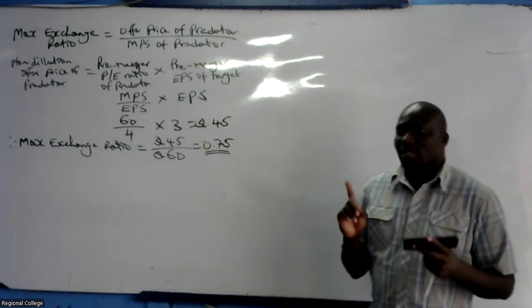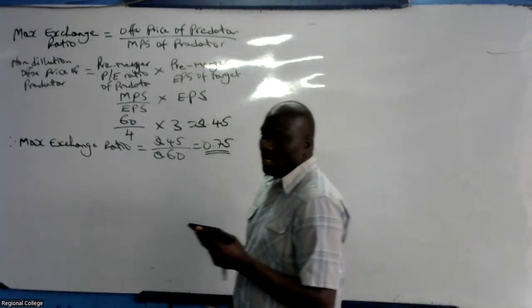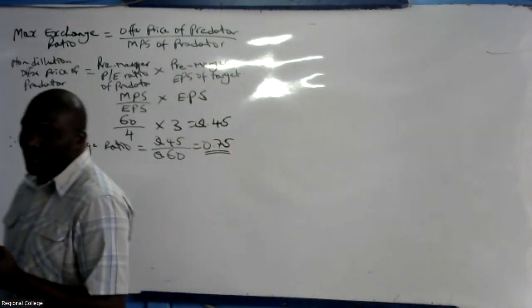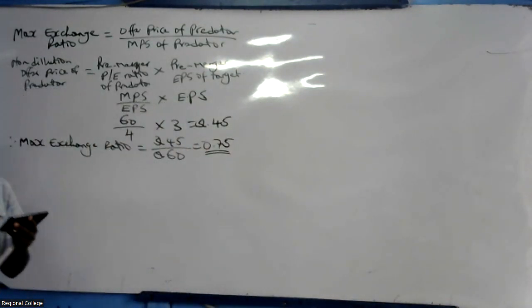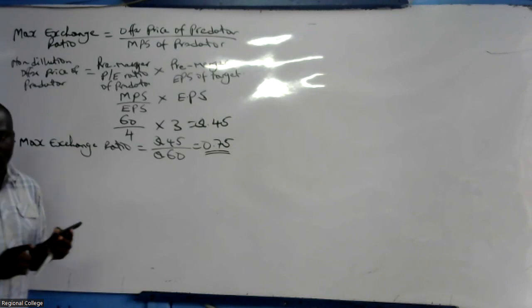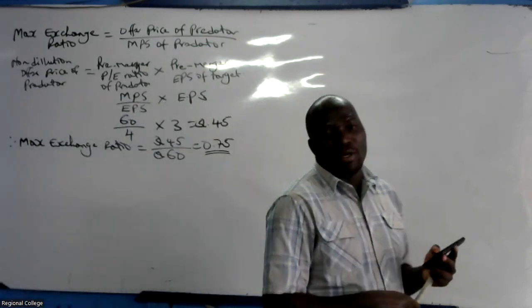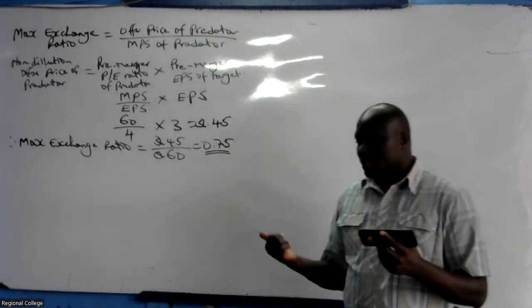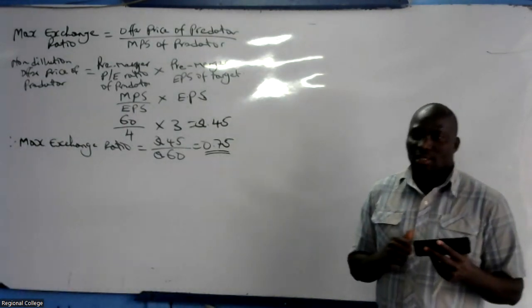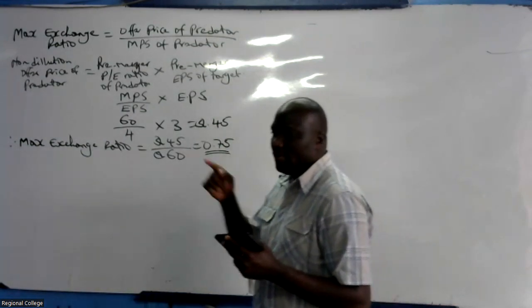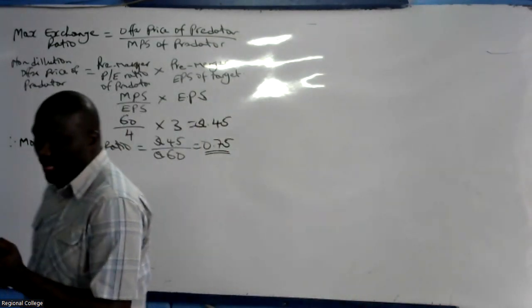A Limited is offering 0.75 shares for every 1 share of B Limited. What is the ratio of exchange? For every share you had, we will give you 0.75 shares. So you'll come into the new company and own 0.75 shares for every one you hold. 0.75 is to 1.